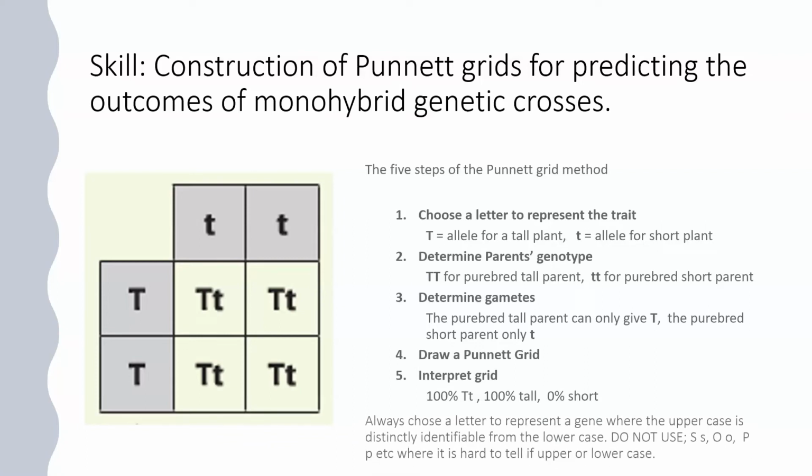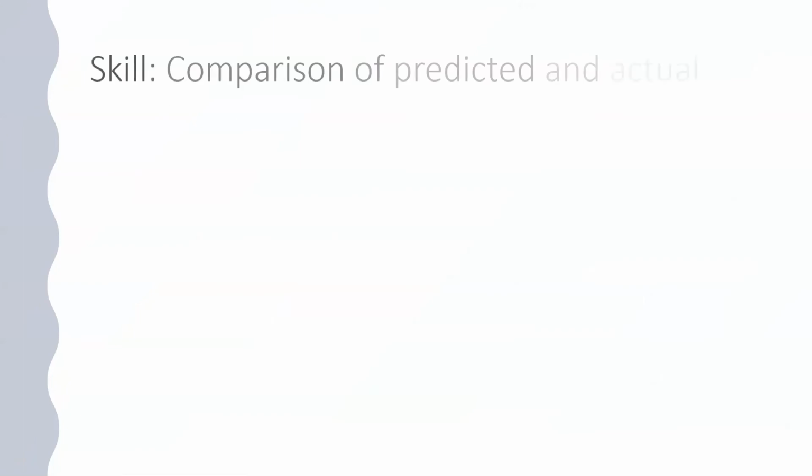Always choose a letter to represent the gene where uppercase and lowercase are easily distinguishable. Try not to use S, O, P because it's hard to tell if they're uppercase or lowercase if your handwriting's not particularly clear.